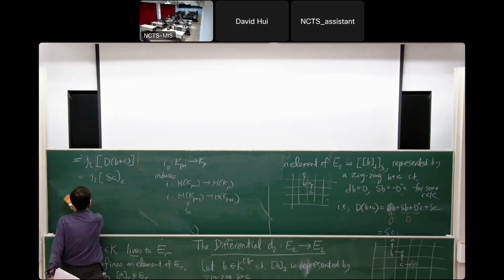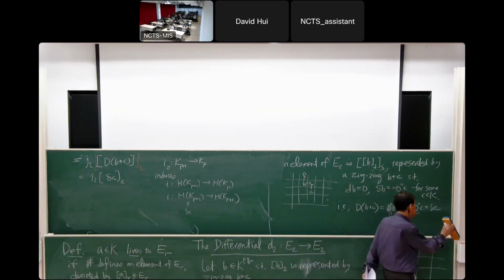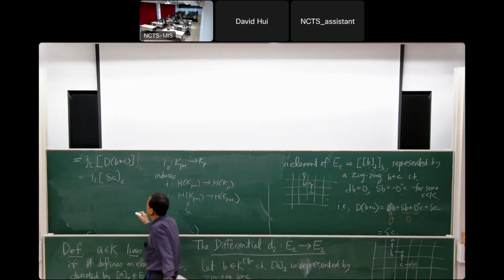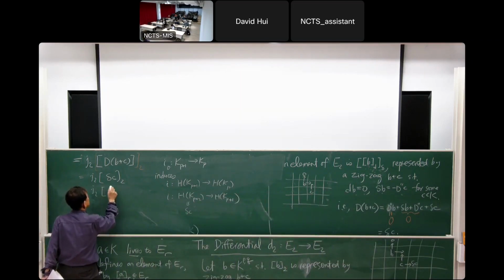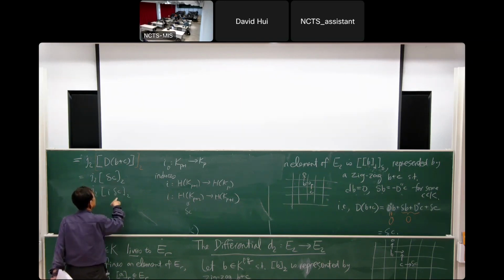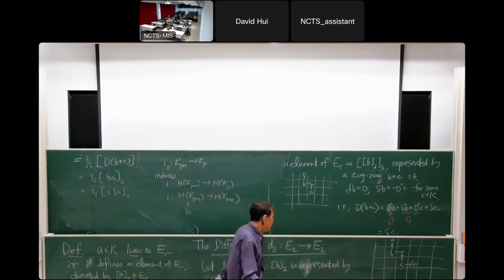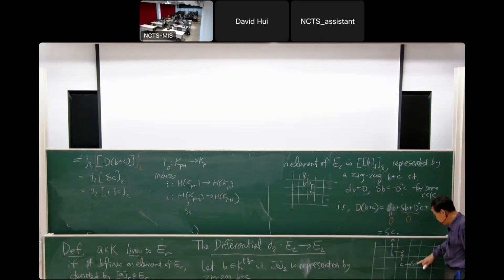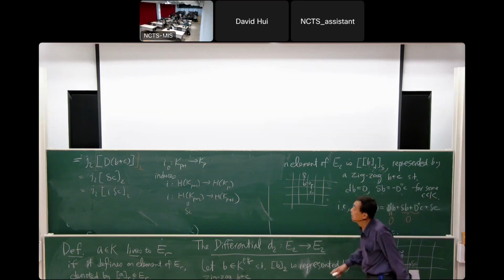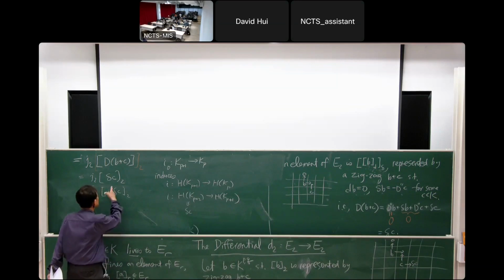What we can do is write it as J2 of I delta C. It is in K^{P+1}, but it's also in K^{P+2}.